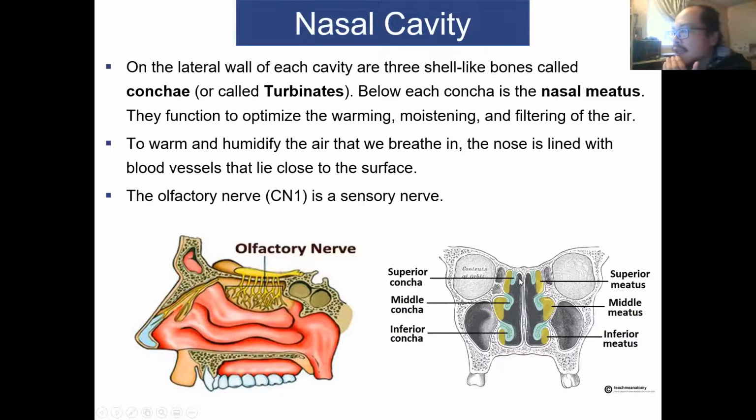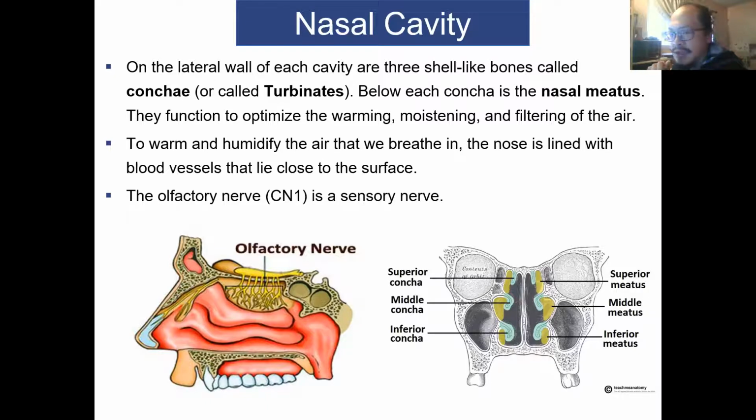Our body wants to have a very homeostatic level, right? But air can be very different. It could be a hot day, a cold day, a humid day, or a dry day. But the air going into our body has to be very much the same. Otherwise, our body will react to it, and we don't want that.